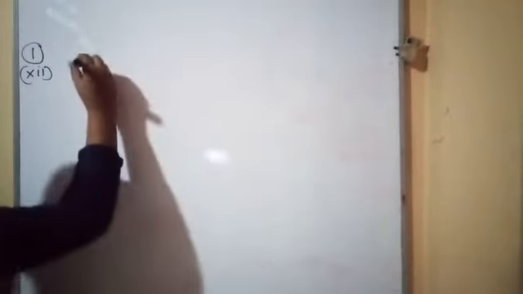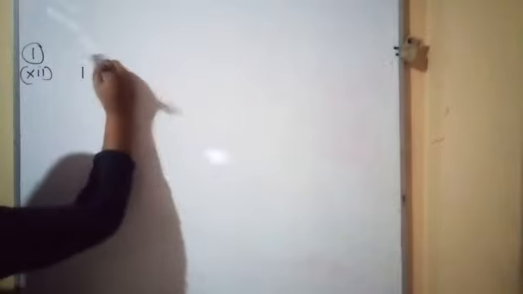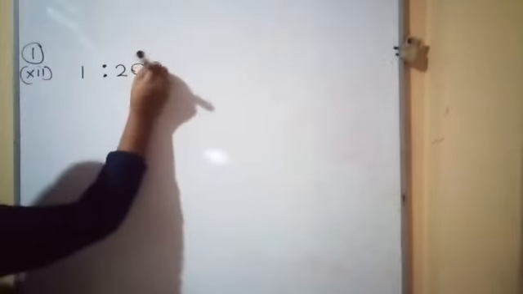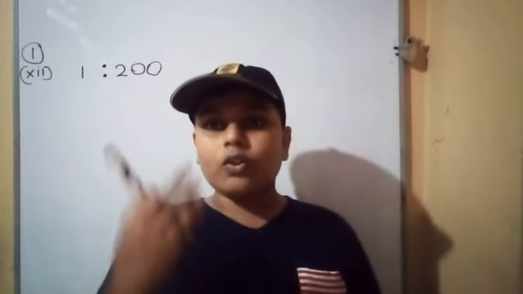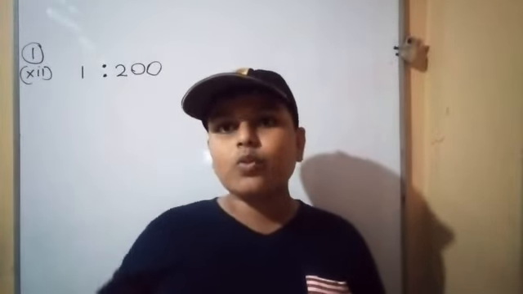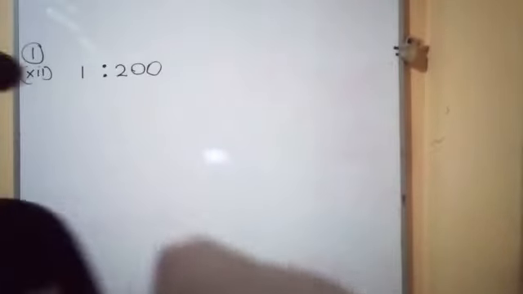Now, what does that mean? This is a scale diagram. 1 to 200 means the scale. 1 to 200 means what? 1 centimeter means 200 centimeters.